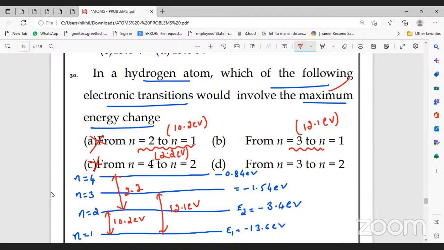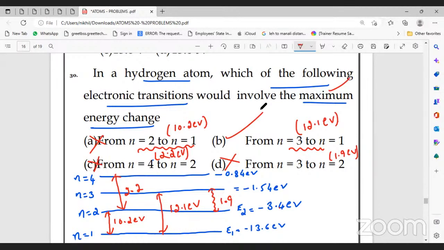Now calculate from 3 to 2. 3 to 2 is this, which is close to 1.9 electron volt. So between 12.1 and 1.9, even option D is ruled out. So for which transition does the electron have more energy?